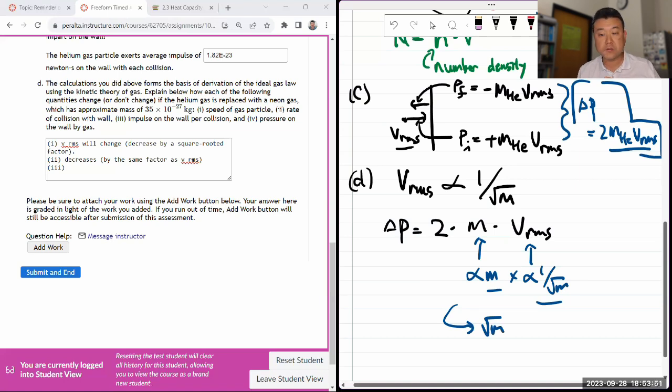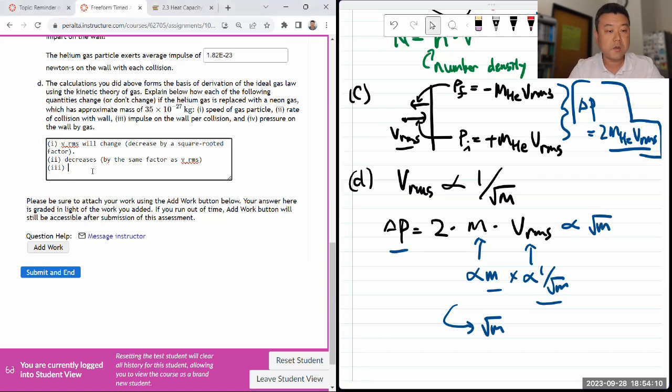You have a factor that increases with increasing m, another factor that decreases with increasing m, and their combination isn't that nothing changes. Something does end up changing, and the change of momentum is proportional to square root of m. So the answer here should be that the impulse per collision increases, scaling as square root of m.